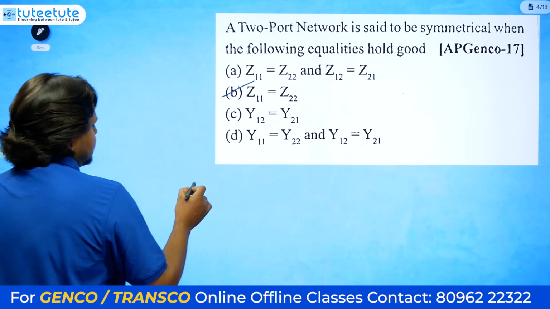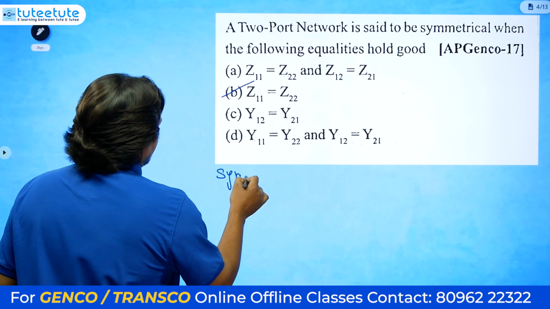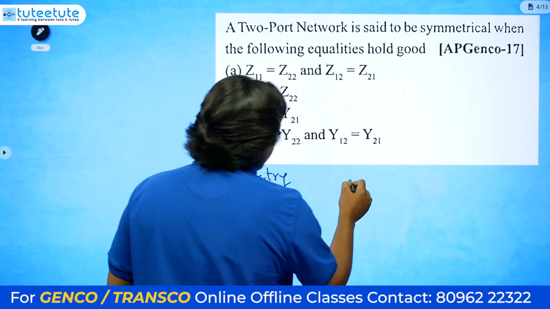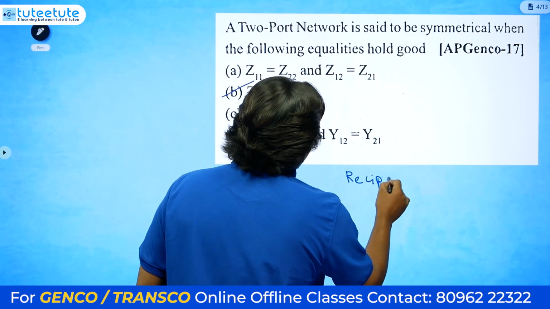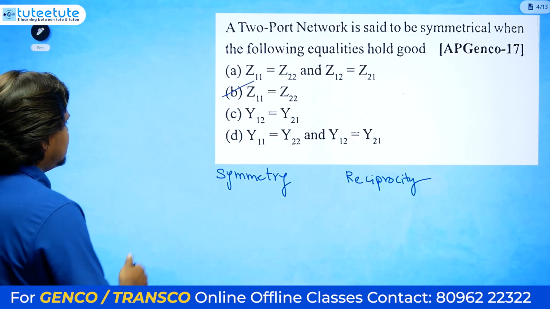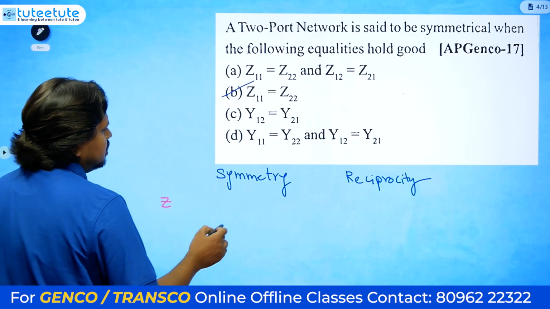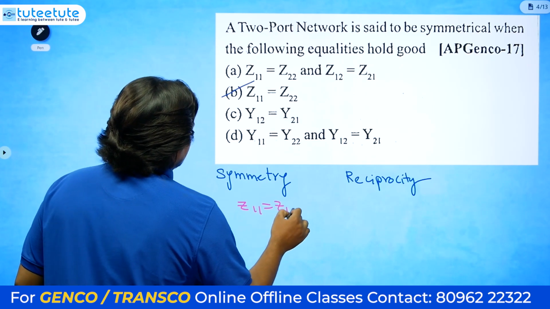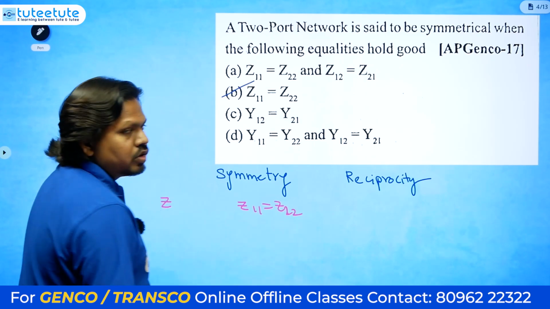So the condition for symmetry and the condition for reciprocity, these two we need to remember. In terms of z parameters, the condition for symmetry is z11 equals z22.